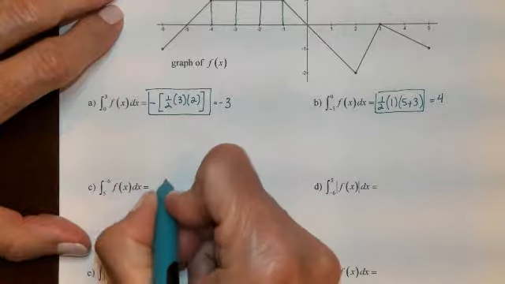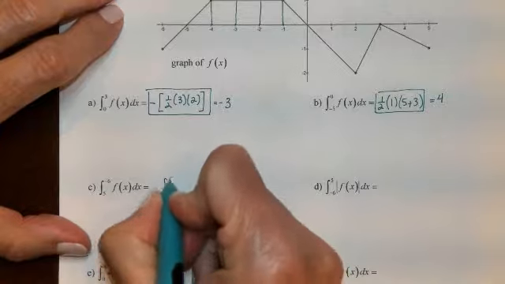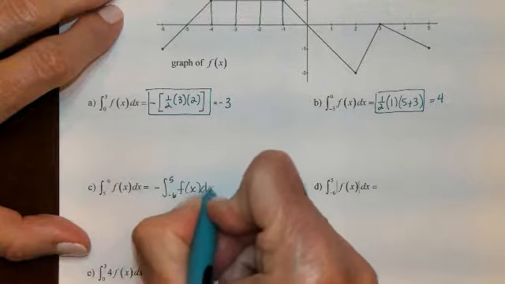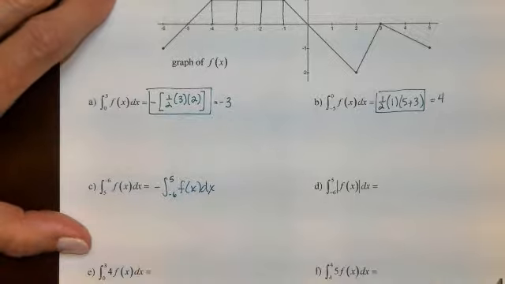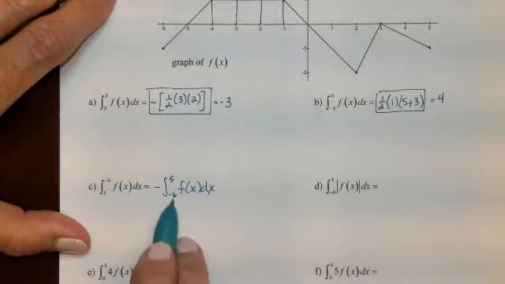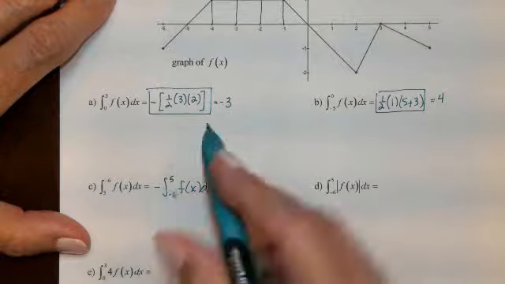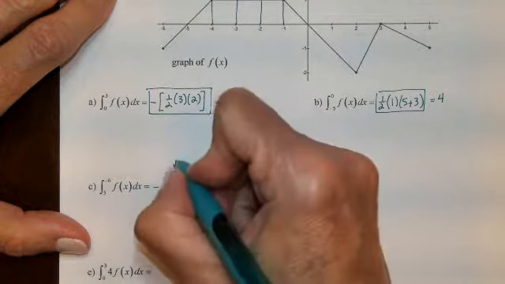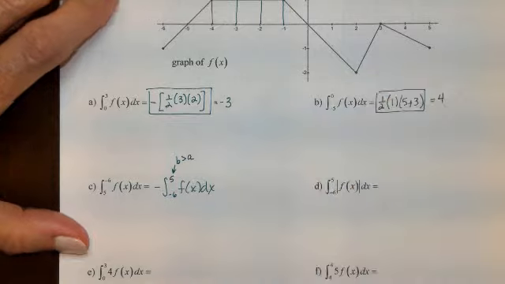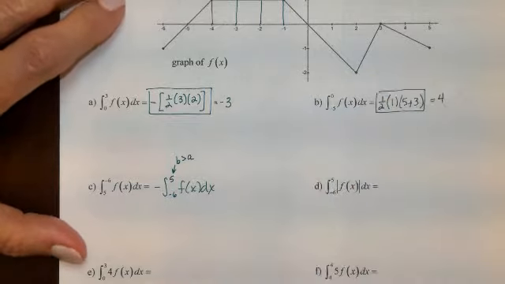And to switch them, I need to make this a negative integral, because that's our property. We have to do that. So always be going from a lower number to a higher number here. Your b, what's on top, should always be greater than a, all right? It's always bigger than your bottom number.